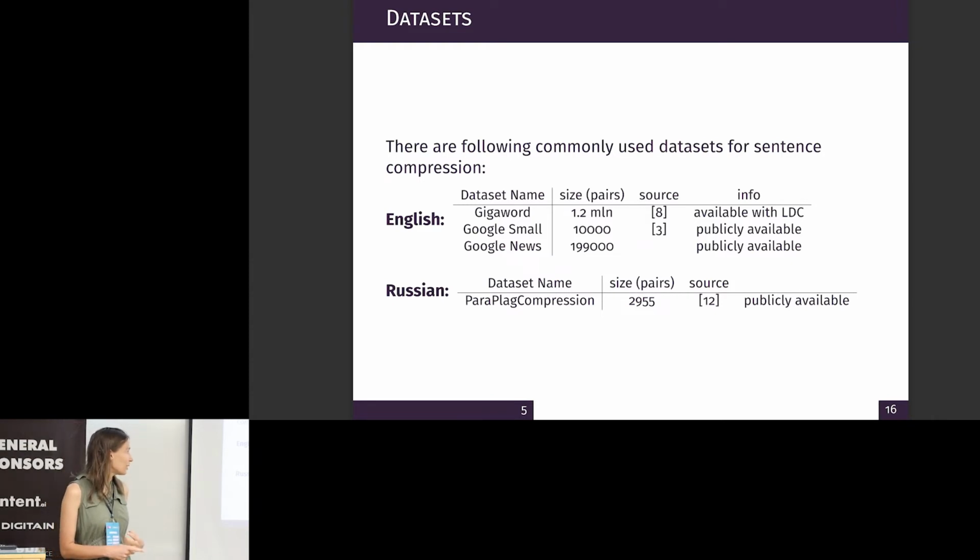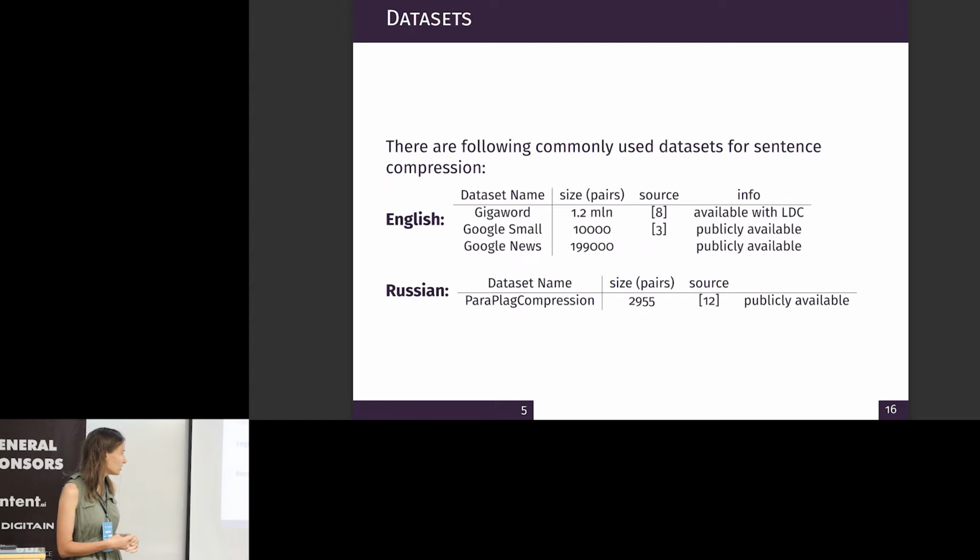But there are two publicly available datasets, called Google Small and Google News. Google Small is smaller, but it contains cleaner data, and Google News Large can contain some HTML inside it and so on, and usually researchers have to pre-process it.